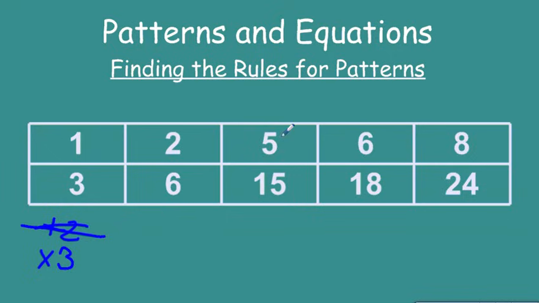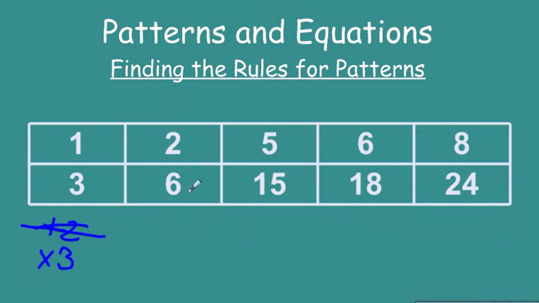So let's try 5. 5 times 3 is 15. And 6 times 3 is 18. Yes, that works. And 8 times 3 is 24. Now, it's important that you check all the numbers, all the parts on the table, just to make sure your rule is correct.